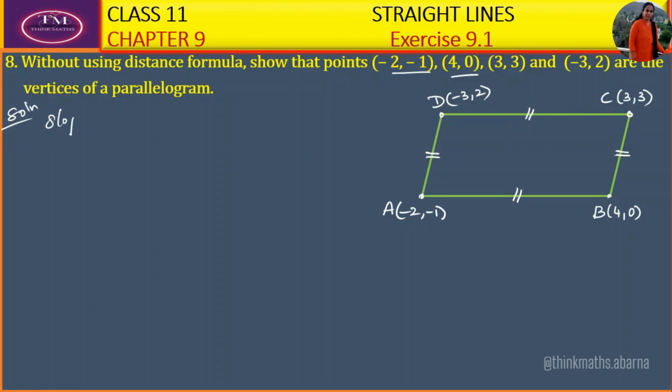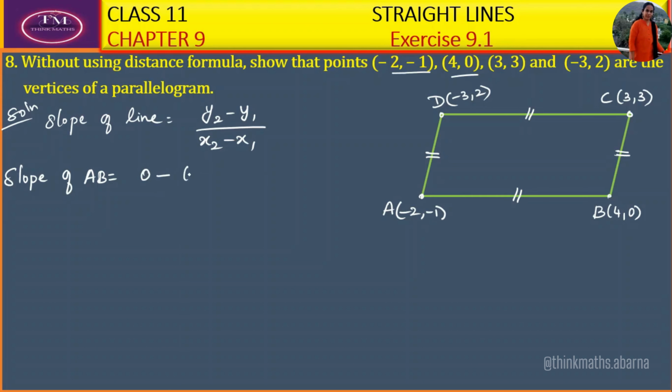The slope of the line with coordinates (x1, y1) and (x2, y2) is y2 minus y1 divided by x2 minus x1. Therefore, slope of AB: y2 is 0 minus y1 is minus 1, divided by x2 is 4 minus x1 is minus 2.